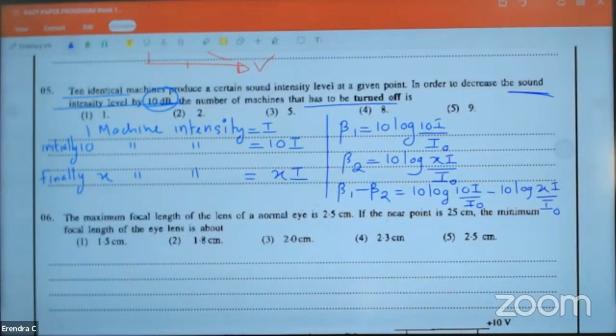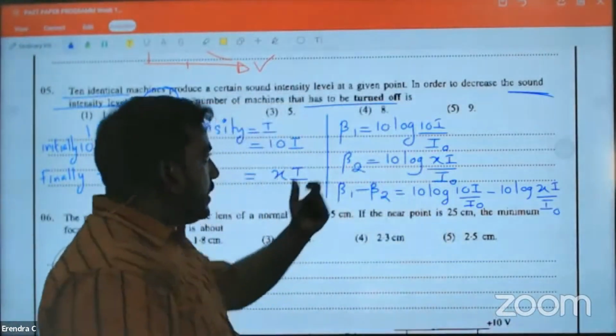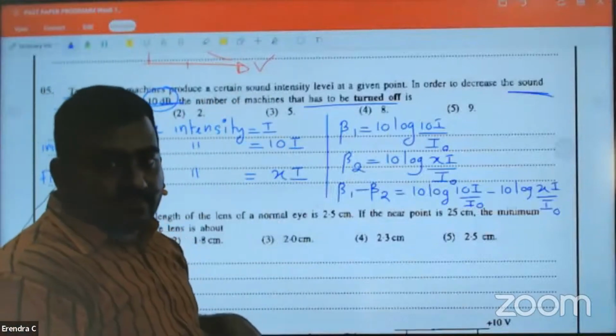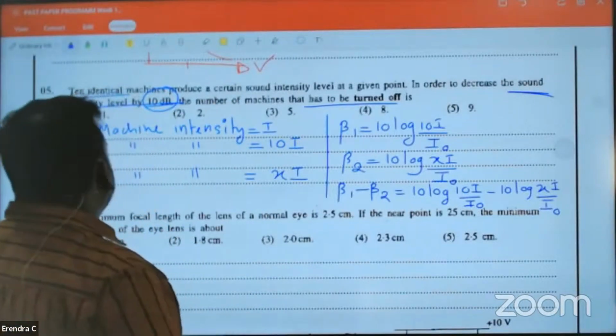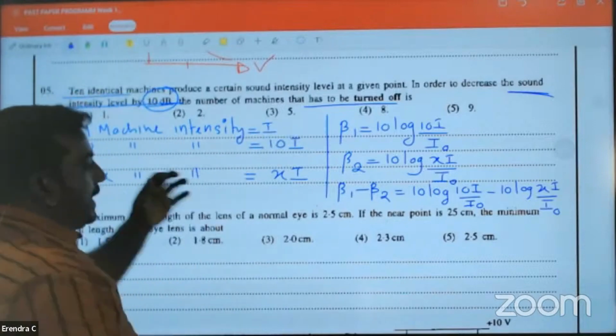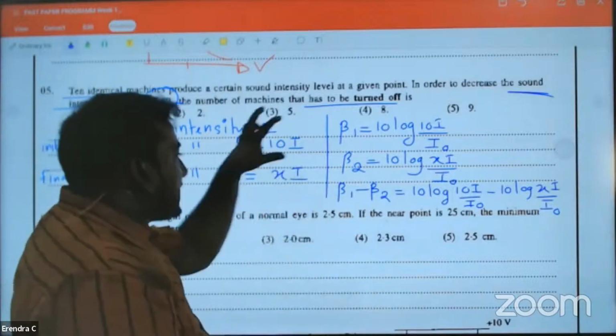We continue the work. Have a look. One machine intensity is I. 10 machines intensity is 10I. Finally, let's say there are X machines on. X machines on means XI.